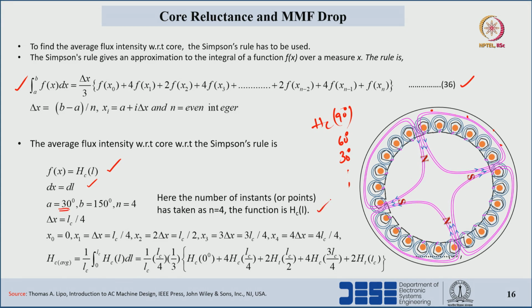The number of instants or points considered is 4, and depending on that we can see Hc at 0, Hc at 30 degrees, Hc at 60 degrees, 90 degrees, 120 degrees and so on. Substitute all these values in equation number 36, then we can get the Hc average: 1 by Lc, where Lc is the period, integral 0 to Lc of the flux intensity function Hc into dl.